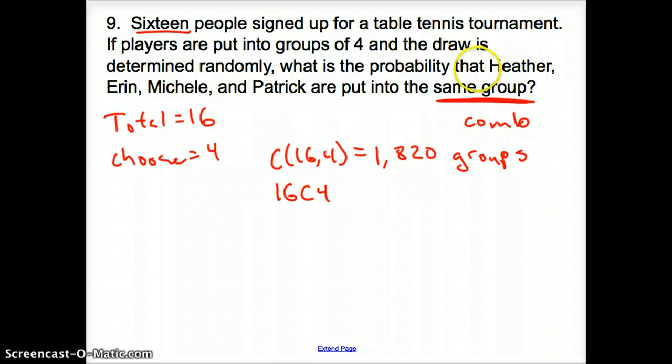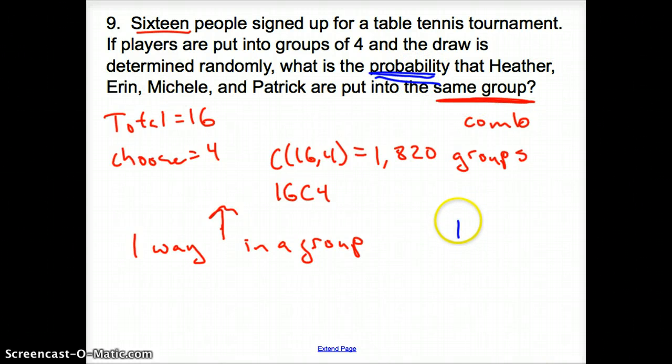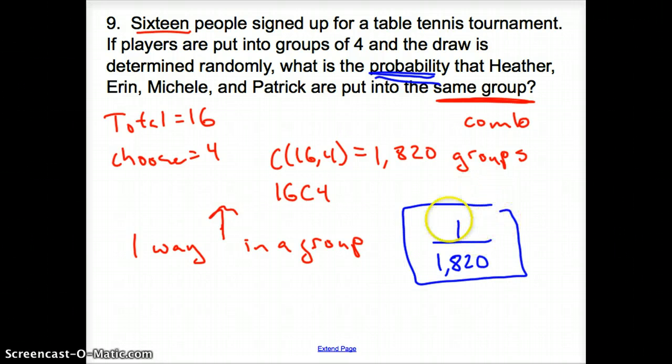It's having Heather, Aaron, Michelle, and Patrick all in one group. So if we're looking for probability, the probability for this group is going to be 1 out of a total of 1,820. So please make sure you know what the question is asking.